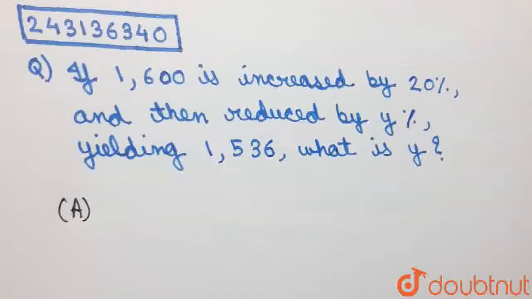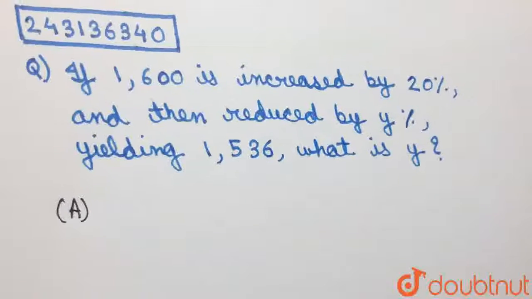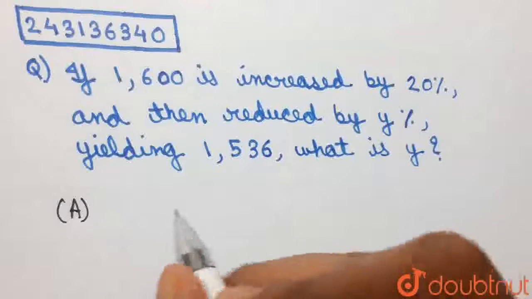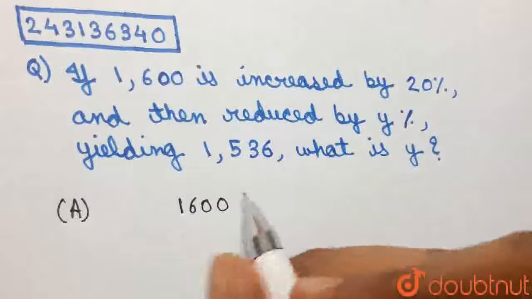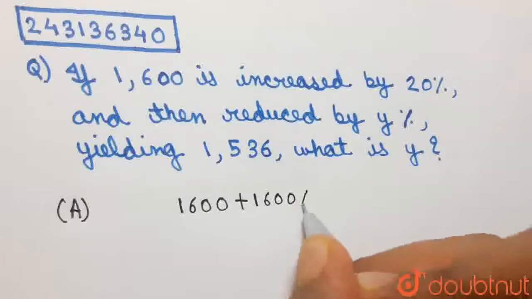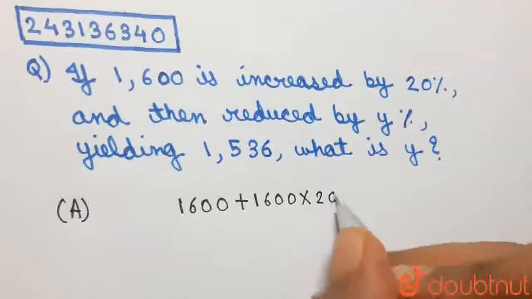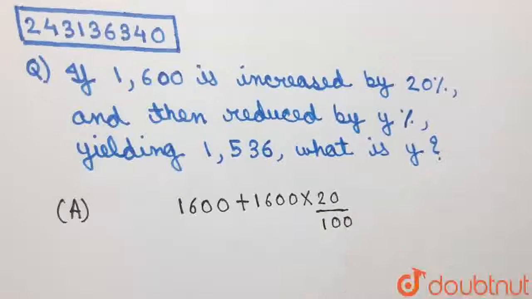Okay, so starting off with the first step, which mentions that 1600 is increased by 20%. Now 1600 after being increased by 20% will come out to be 1600 plus 1600 into 20 by 100, because it is being increased by 20%.